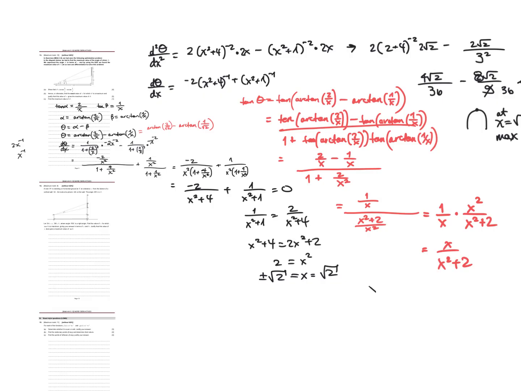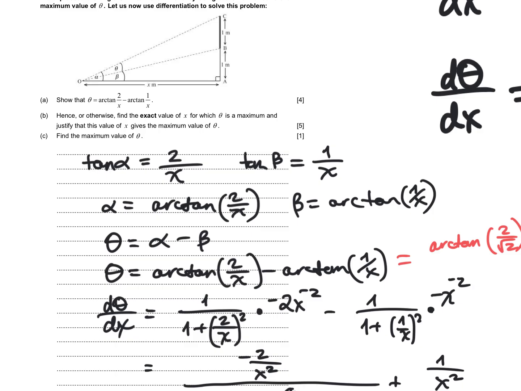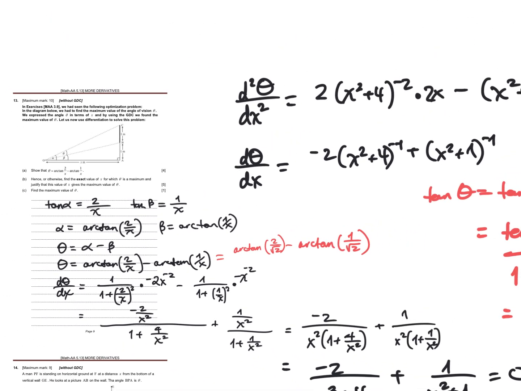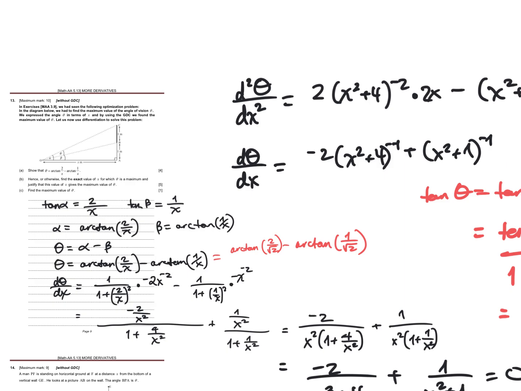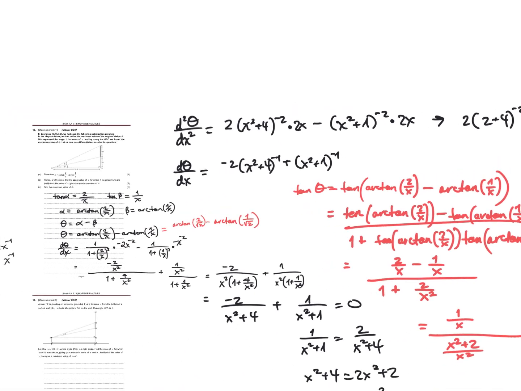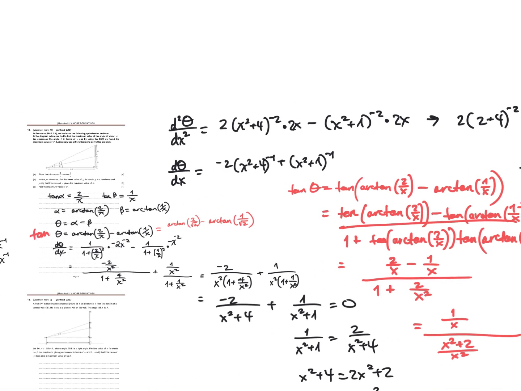Okay, so they must want you to use calculator here, even though it says without calculator. I don't know, because you can't do this. These are not exact values. So what I did was I did tangent of both sides here, okay? And then I went back to the geometry section where it's the compound angle identity.